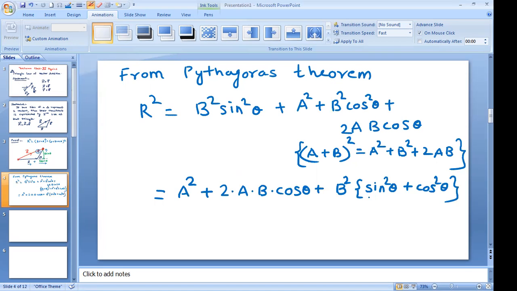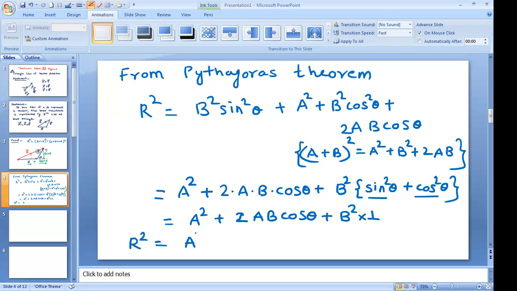Now, you know from basic trigonometry, sum of sine square theta plus cos square theta is 1. So I will write A square plus 2AB cos theta plus B square into 1. And finally, I'll write R square is equal to A square plus B square plus 2AB cos theta.